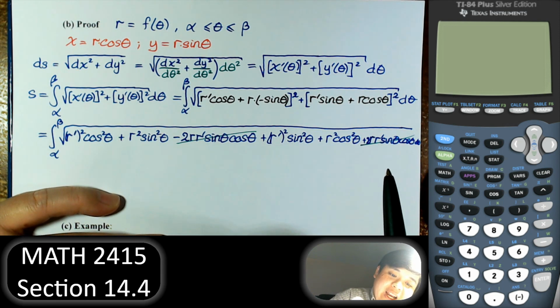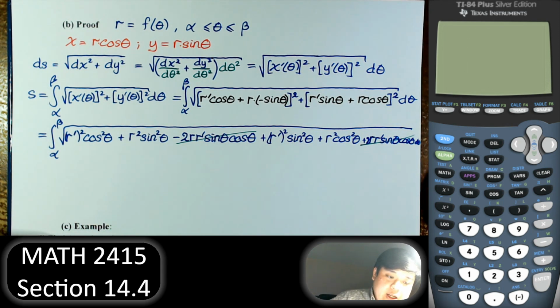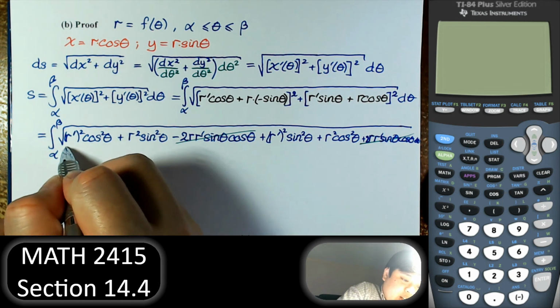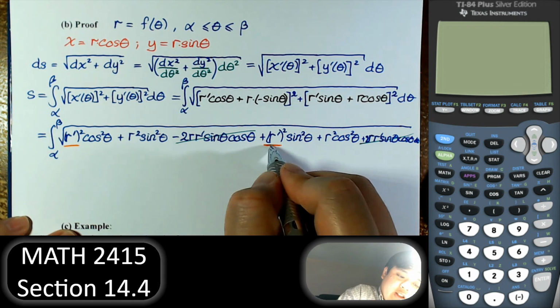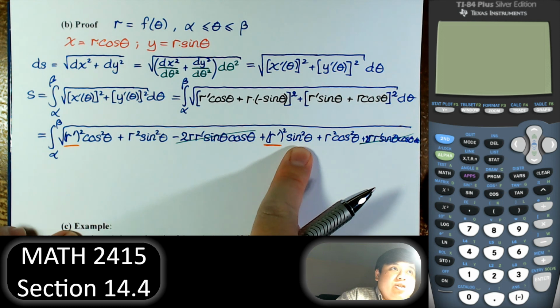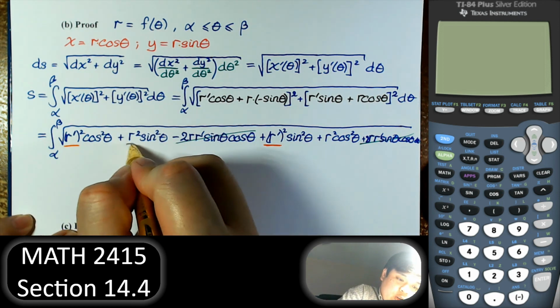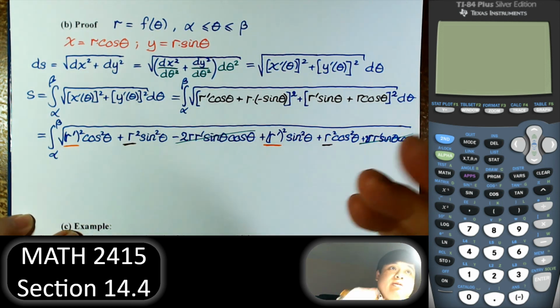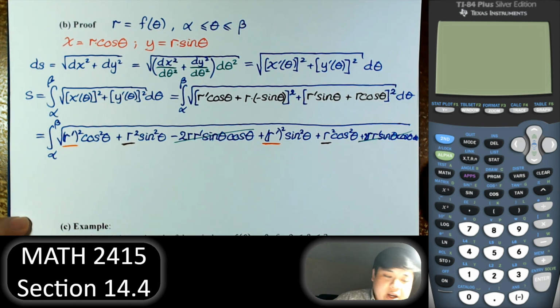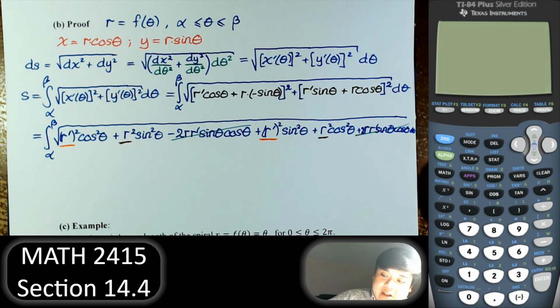Now, plus and minus cancel out, and then we can factor out the derivative, cosine squared plus sine squared, and then we have r squared factored out, sine squared and cosine squared. So put them together.